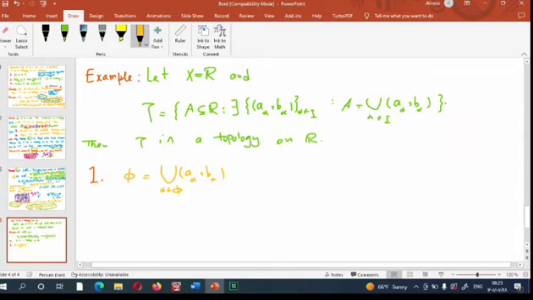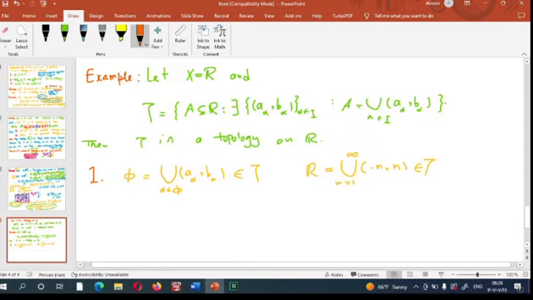And so this belongs to tau, and the whole of R equal to this union, and this belongs to tau too. Okay, because this set has this form.